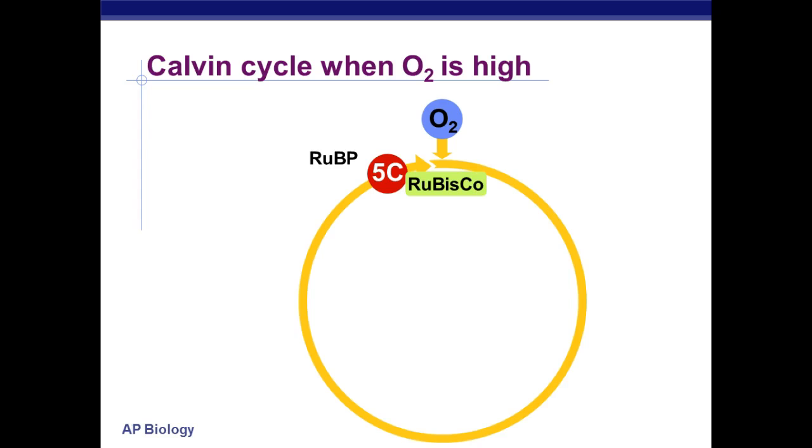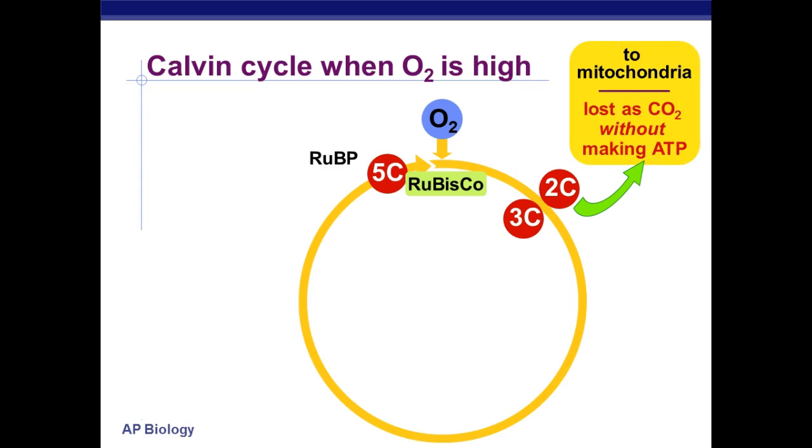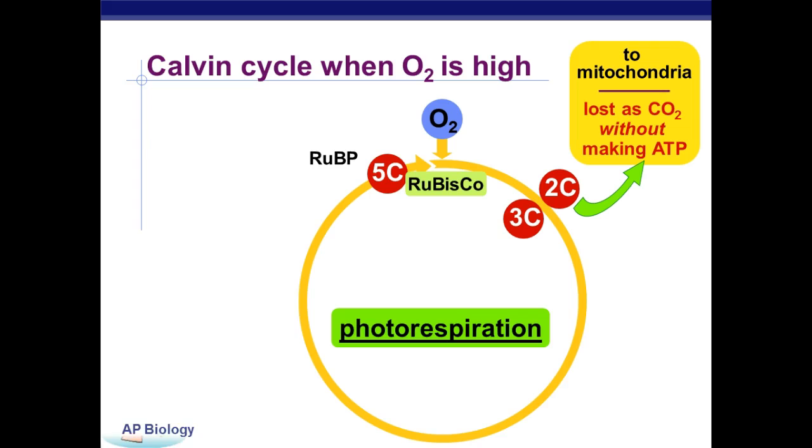Most plants in most environments just do this normal cycle of C3. But these plants, again, if they have to close their stomata to save water, there's a danger that the oxygen level gets too high. Rubisco will combine RuBP with the oxygen, and all we'll end up doing is breaking apart RuBP. And along the way, instead of making sugars, we'll actually lose more carbons. We'll lose 2 carbons along the way as carbon dioxides and not make any ATPs in the process, not produce any energy.